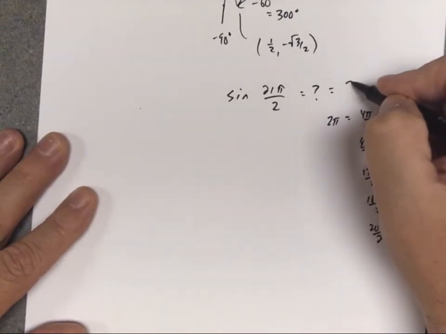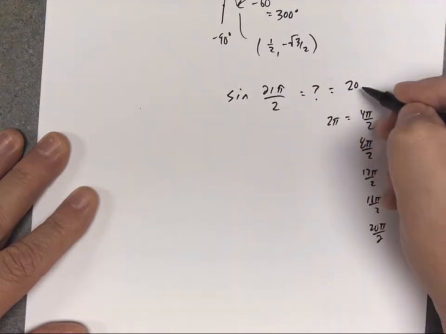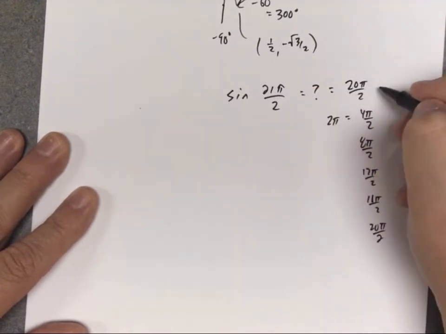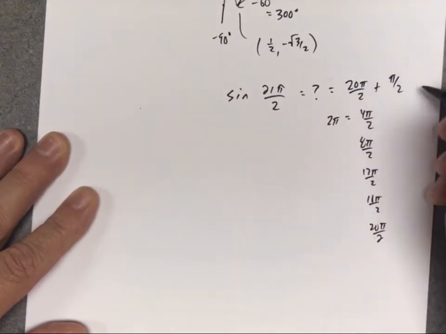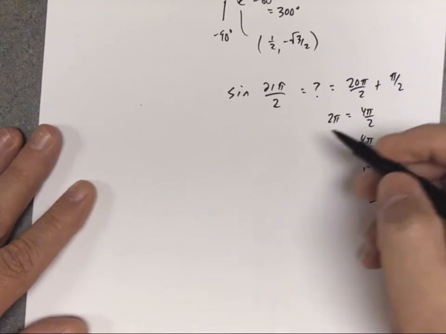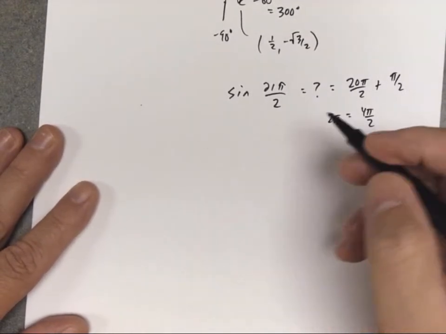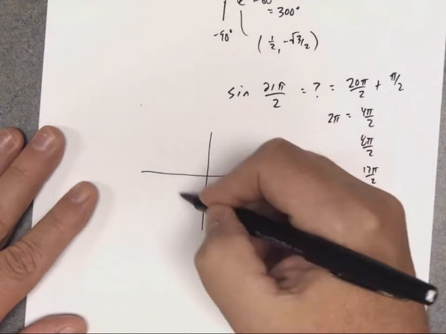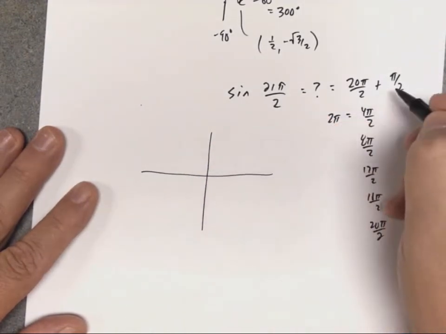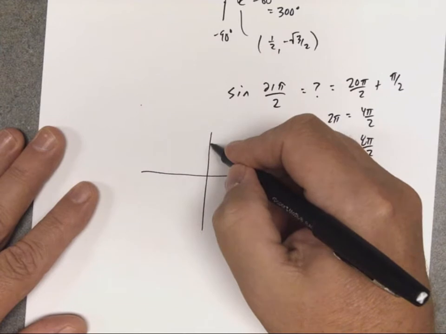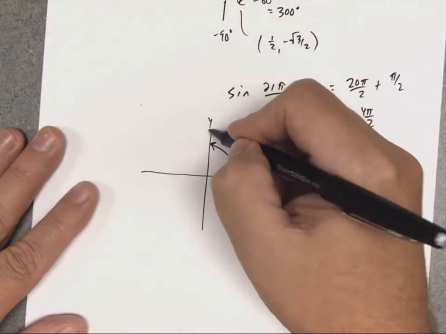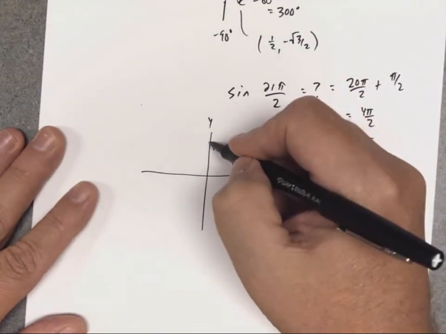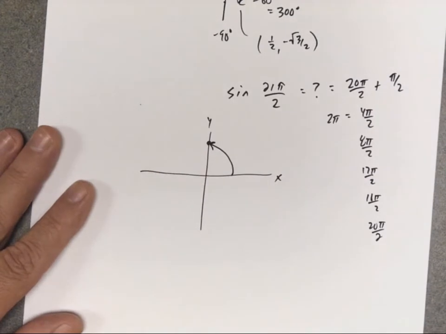So really you could say 21 pi over 2 is like 20 pi over 2 plus pi over 2. So we go around 5 times, and then we get to 20 pi over 2, and then we have to go another pi over 2. So basically we're sitting right here.